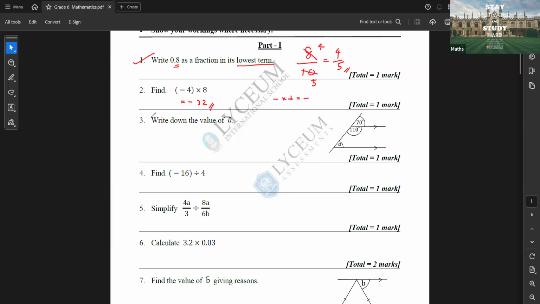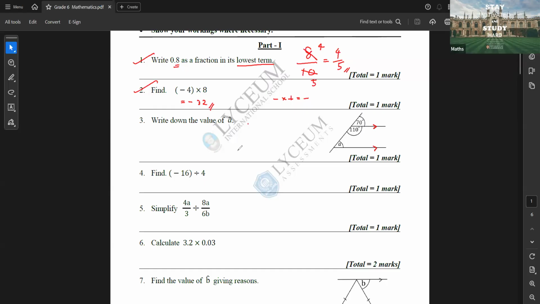Question number 3. Write down the value of A. So you have to find the value of A. Once you see this question, you understand the lines are parallel. So by that, you have to remember the theory we have learned in class.